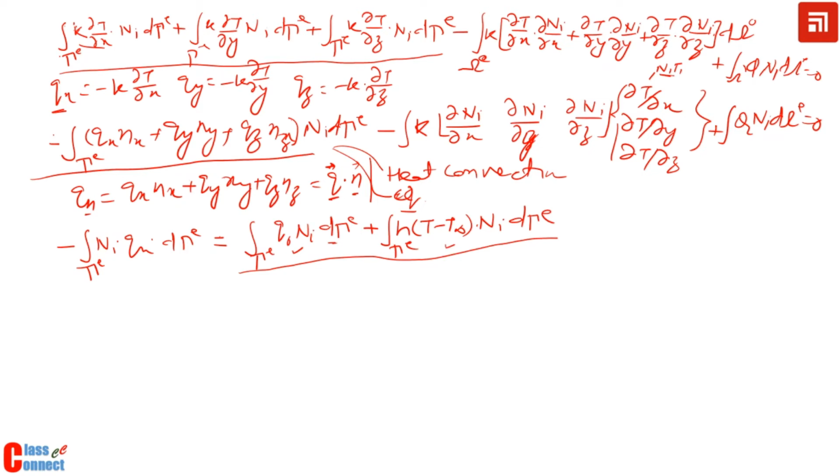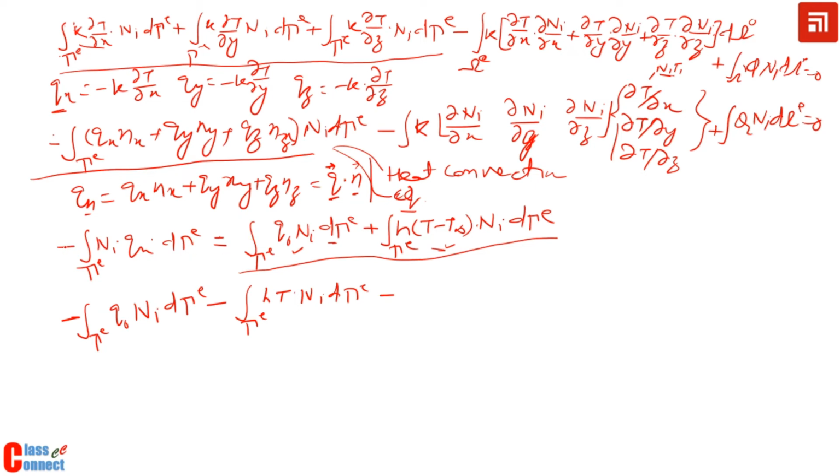So now next is to substitute these expressions into this, and we get the final form of our equation as this: q naught Ni d sigma, plus I can open this and get on the boundary h T Ni d sigma minus, so this is minus, I should not have taken minus here, so it will be minus here, and it should be minus here, and this minus and this minus will become plus.